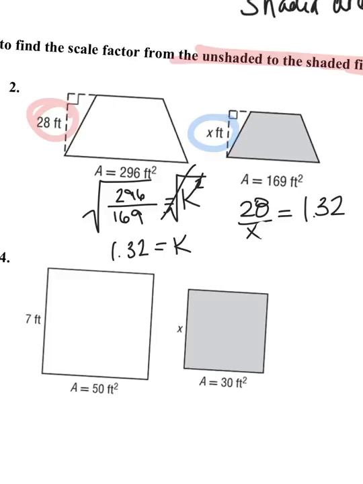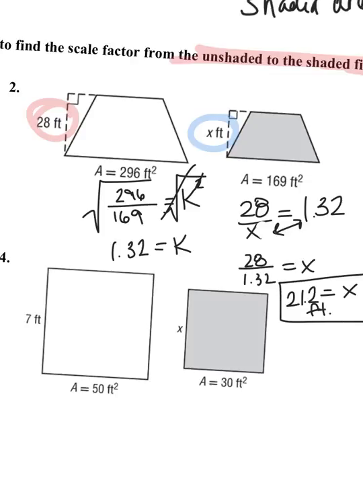One of the things we've been talking about is doing multiple steps at one time. If you want the x to move up and the 1.32 to move away from the x, these two pieces are just going to switch places. Okay, so I'm going to have 28 divided by 1.32 equals x. And when I type that in, I get 21.2 equals x. And that's feet. You know, we try to label.